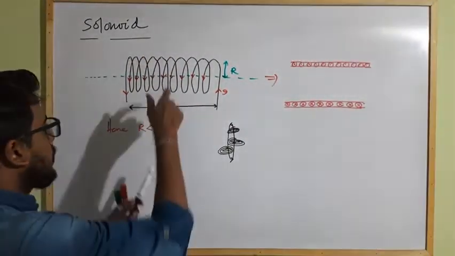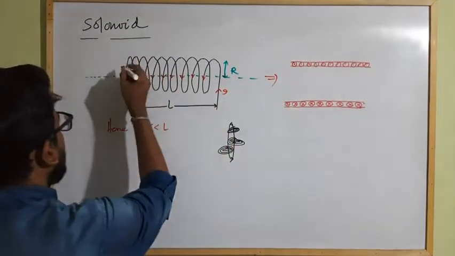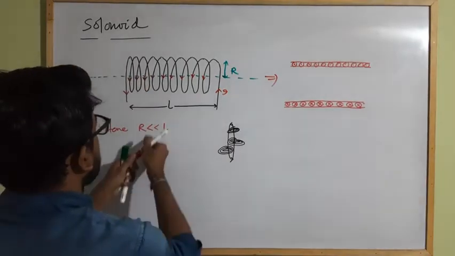The lines of force for a solenoid will be like this.